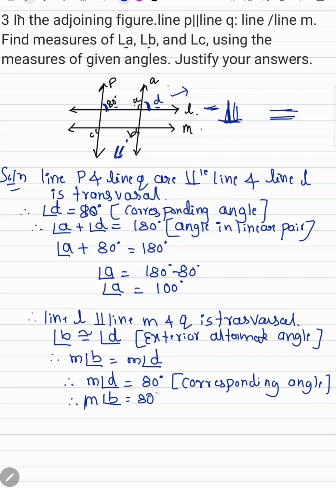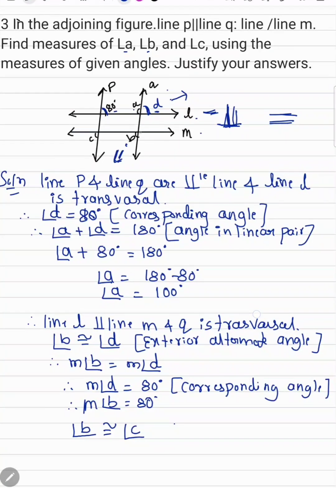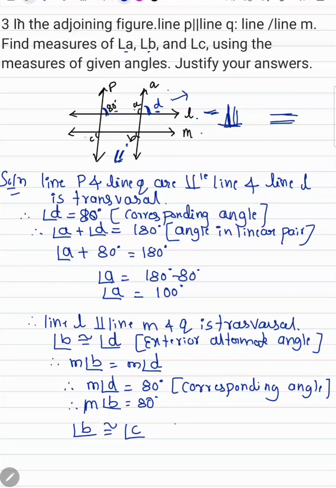Why? Before we proved the exterior angle. So the measure of angle B is also 80 degrees. Then angle B corresponds to angle C. It is the same corresponding angle. So how much is angle C? It is the same as angle B. How much is it? 180 degrees.